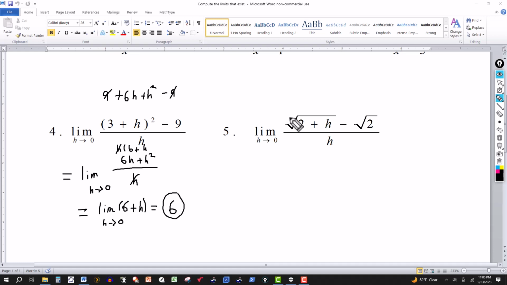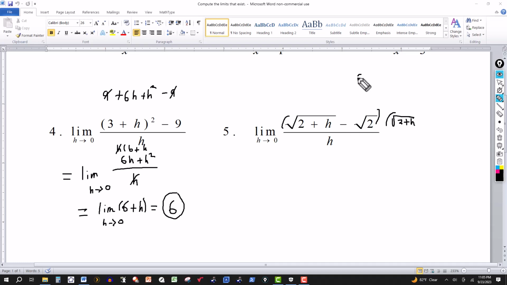So this is what I'm going to do. The way it is, I get 0 over 0, so you can't tell what it approaches. But a little trick that you can use is to multiply by the conjugate of the numerator, in other words, the square root of 2 plus h.